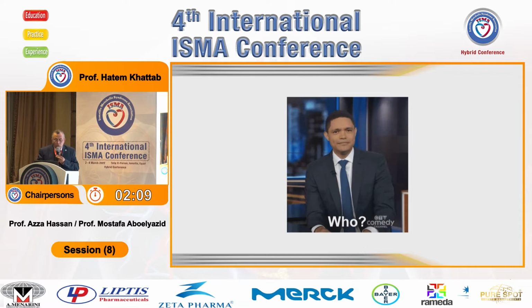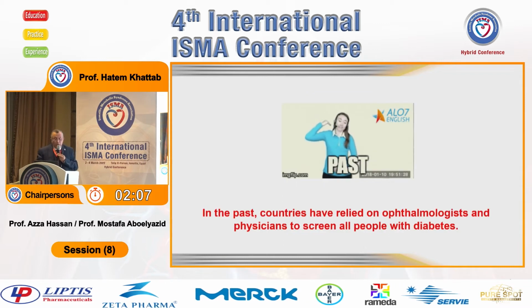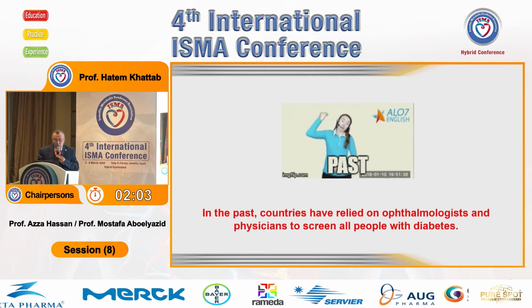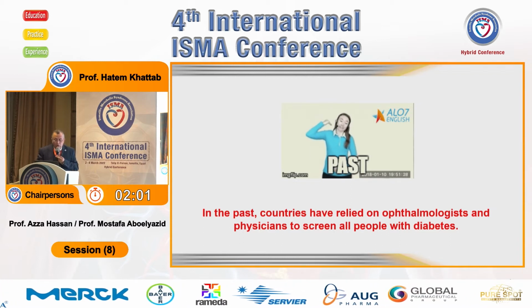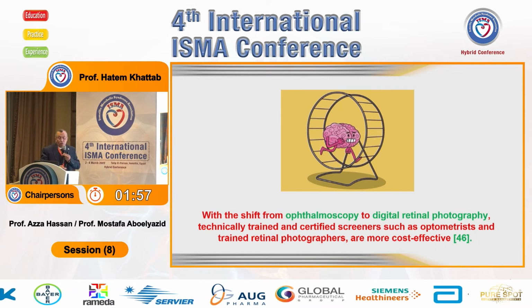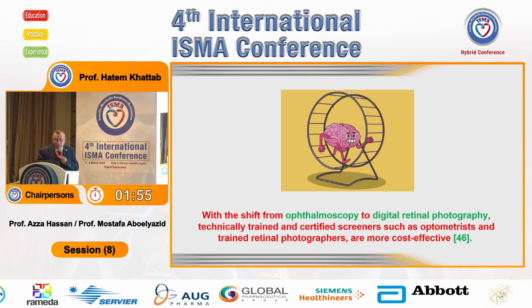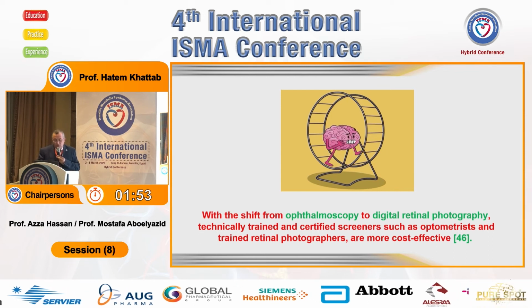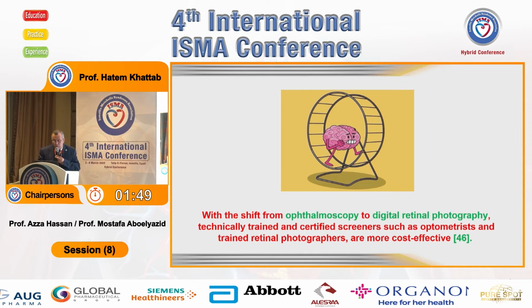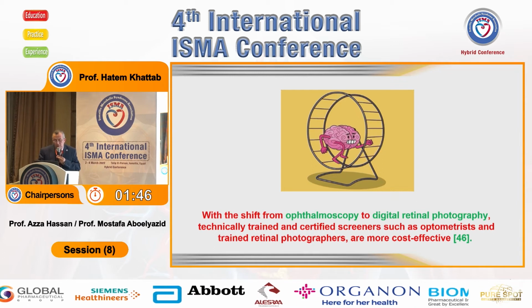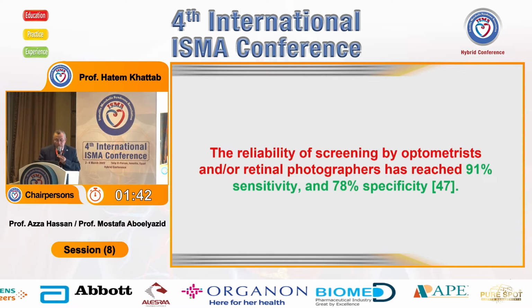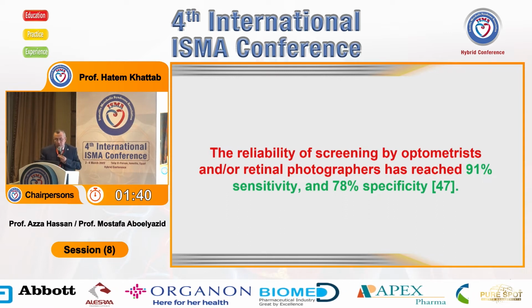Who will do the screening? In the past, most countries have relied on ophthalmologists and physicians to screen all people with diabetes. Nowadays, with the shift from ophthalmoscopy to digital retinal photography, technically trained and certified screeners and optometrists have come into play. This is the reliability of screening by optometrists all over the world.